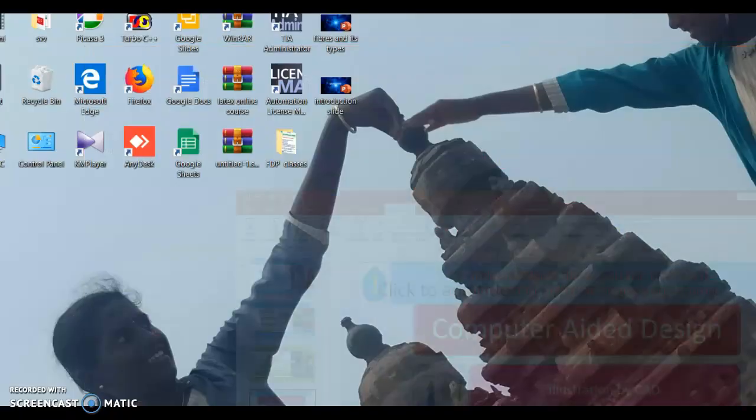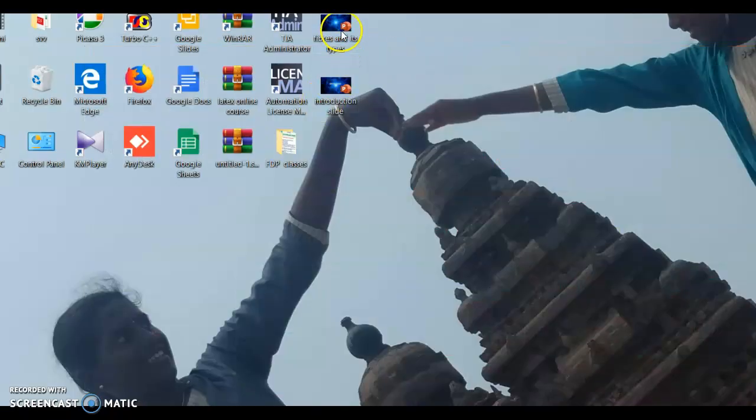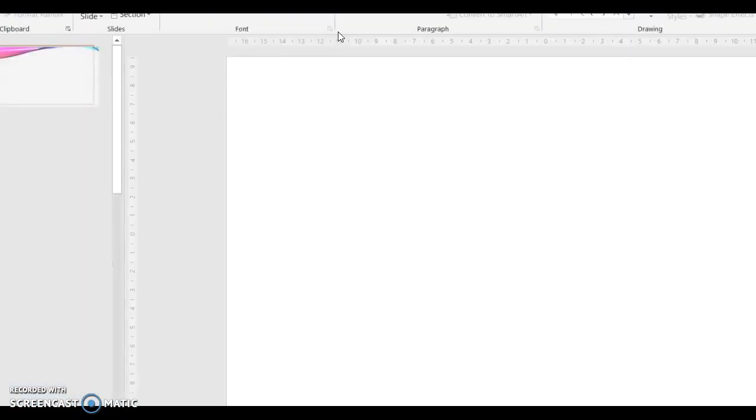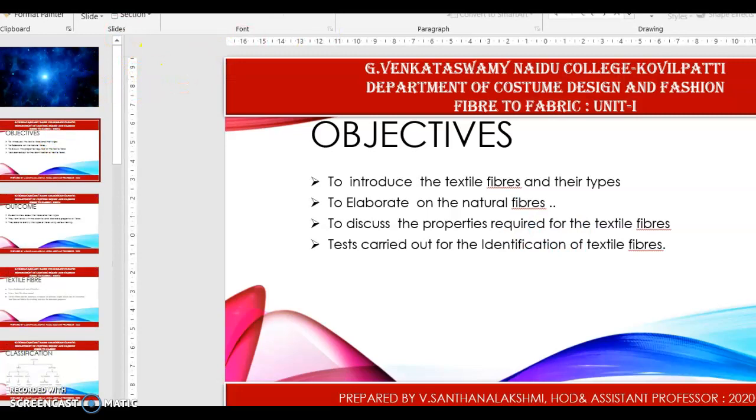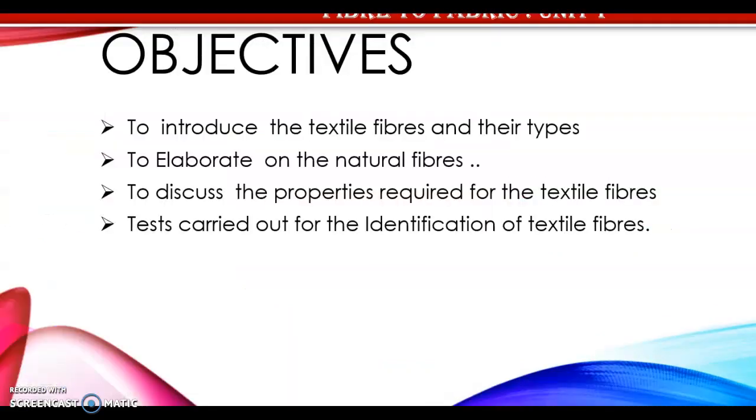Next, we will see about textile designing. I have already told you the textile designing module contains fiber, yarn, fabric. So first we are going to see about the fibers.